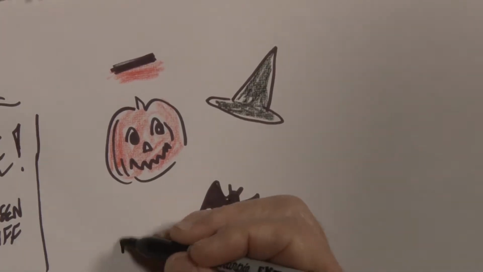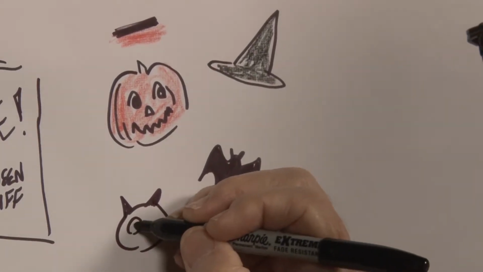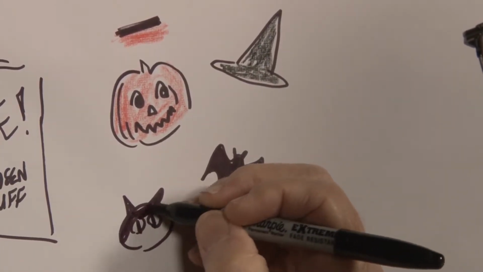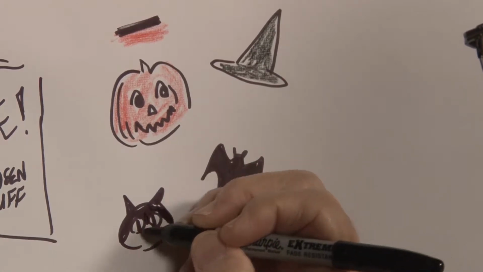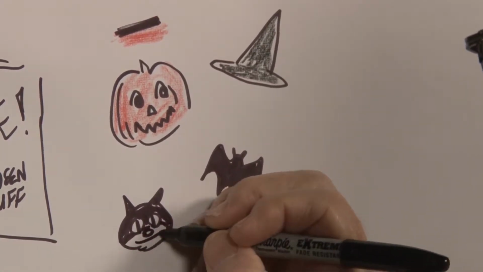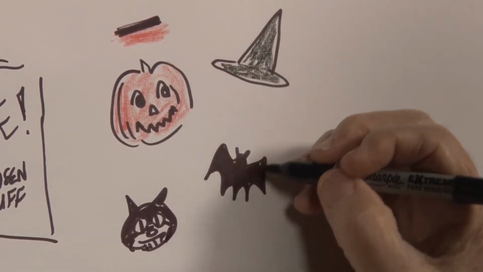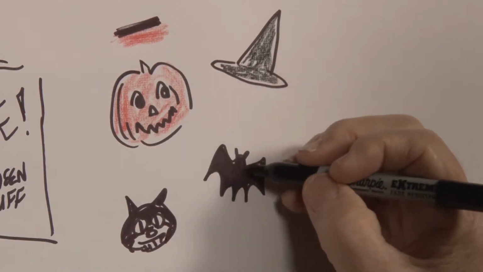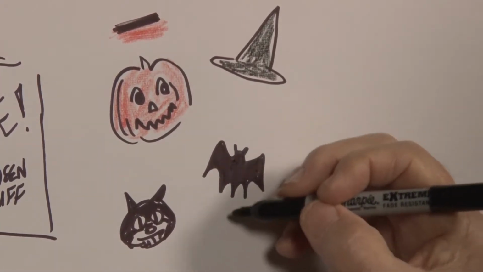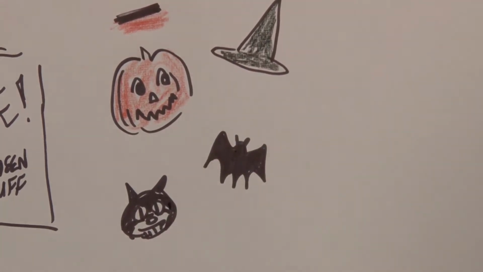And often you see some kind of cartoon of a black cat, and of course the witches and the bats and the cats symbolize the scary part of Halloween. Sometimes when I see these Halloween symbols like the bat, it reminds me of Batman, but anyway, that's another story.